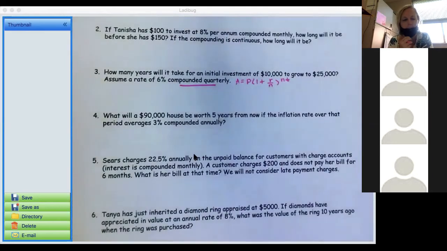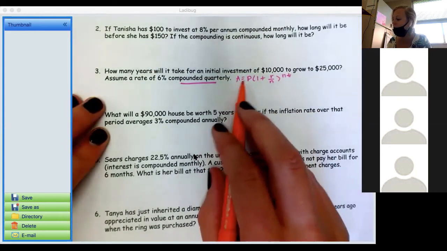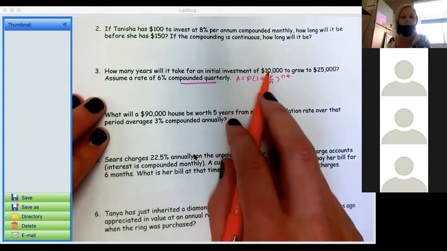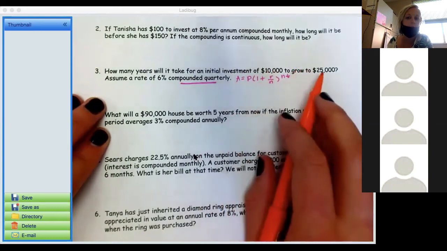Are we okay with that? Yes, no? Yes. Okay, y'all gotta talk to me. It's just me and y'all now. All right, so the initial amount was 10,000. Do we agree? And after it grows, it's gonna end up at 25,000.